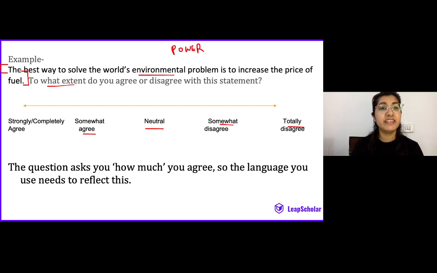So, for example, instead of the best way, I would say one of the best solutions for the environmental problem that the world is facing is to, let's say, hike or augment the cost of gasoline, for example. Right? So what I've done is I've just used synonyms to write the same question.